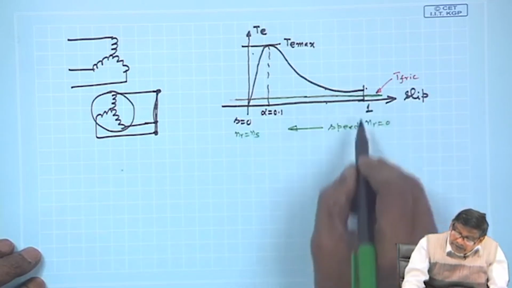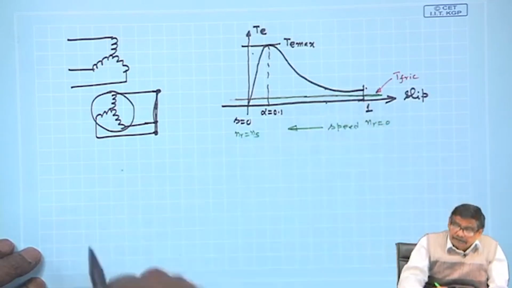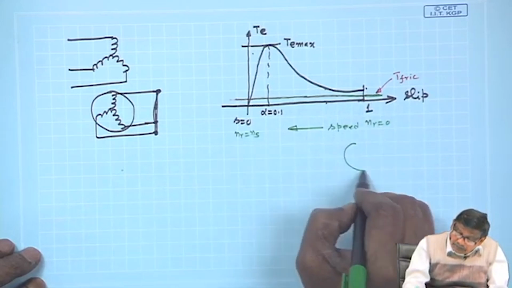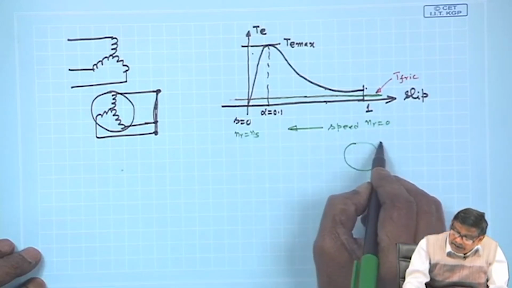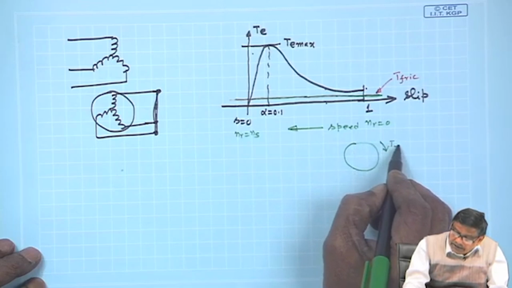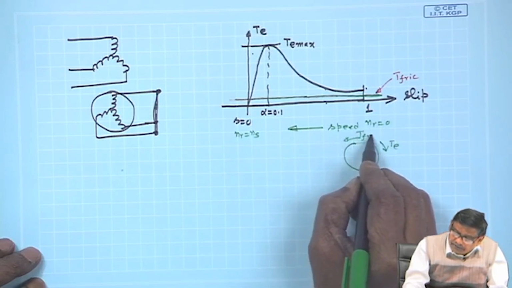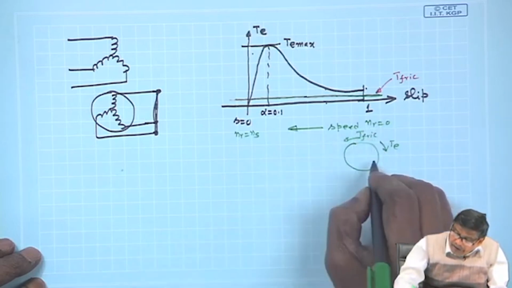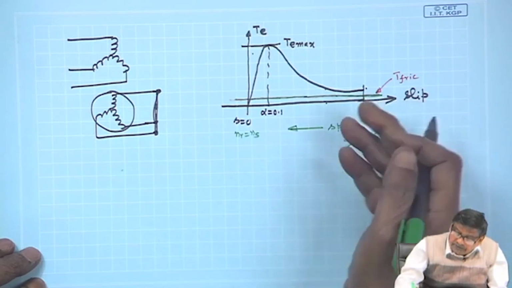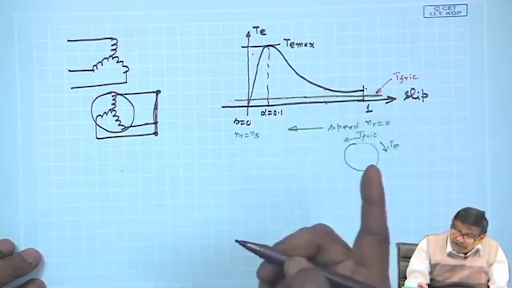So, the motor will accelerate because on the motor two things are acting, one is T electromagnetic, another is a constant value of T friction, and therefore, machine will start accelerating. In which direction?